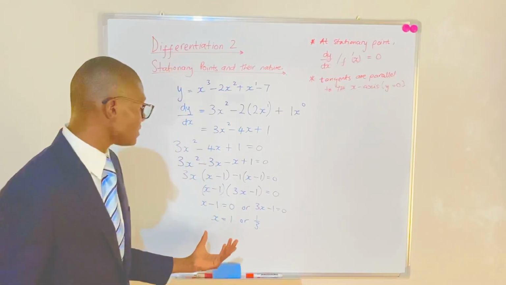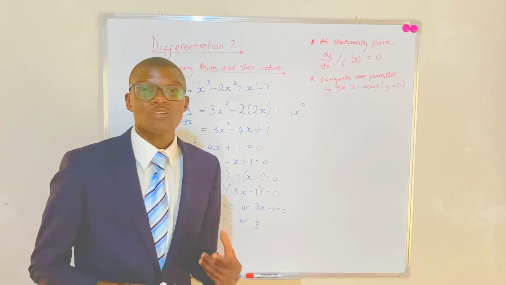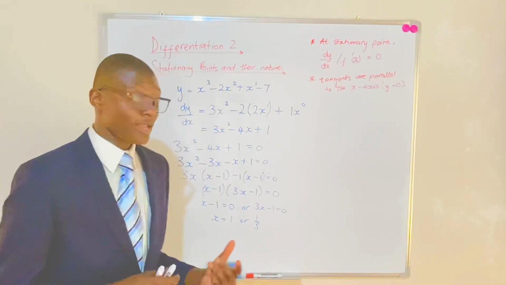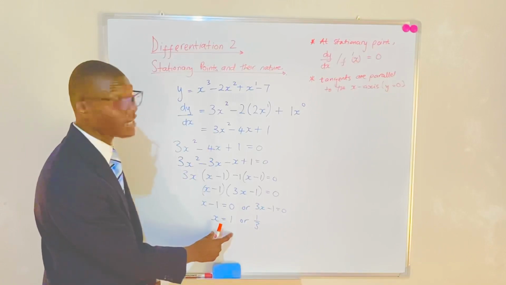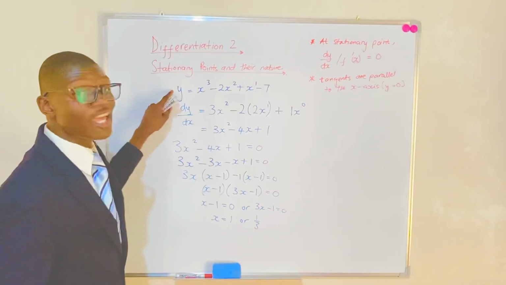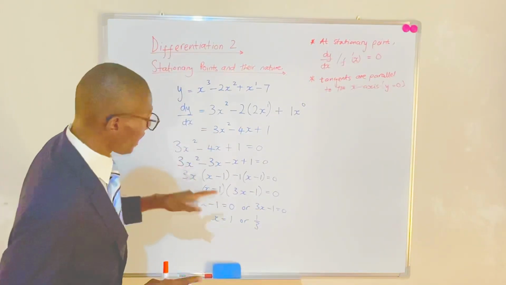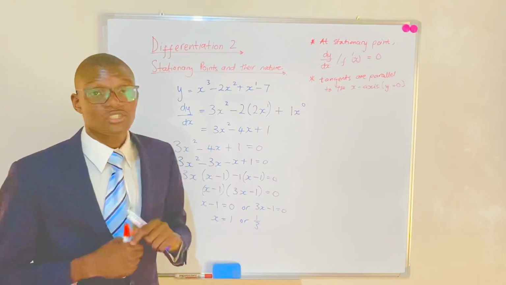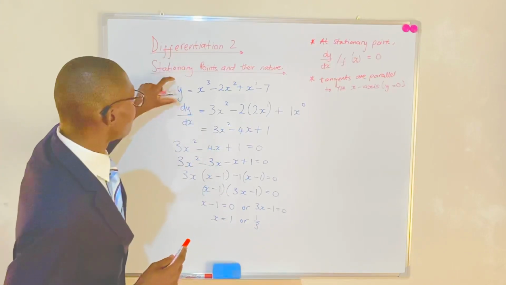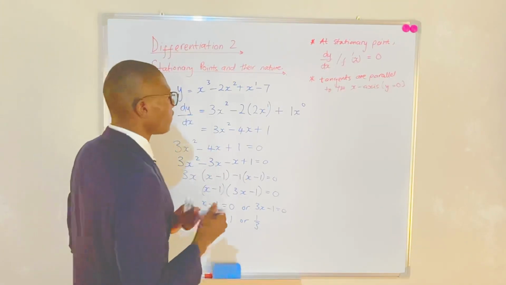So using these values of x, we shall find the corresponding values of y. When x is a value of 1, what is the value of y from the original equation? And when x is a value of 1/3, what is the value of y from the original equation as well?